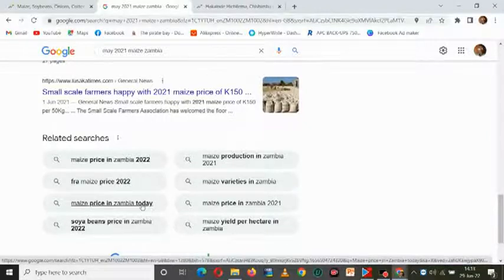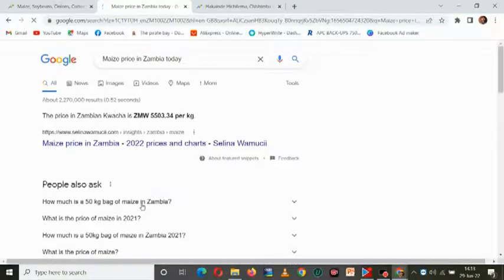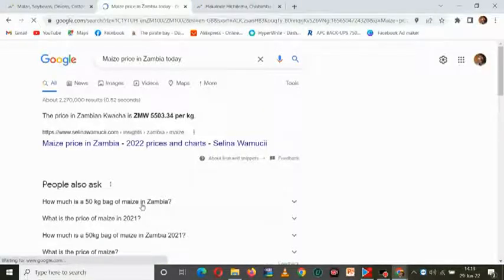So let's try this one. So you can say maize price. So it's very likely that people were talking about the prices of maize. So that gives you a very good clue on what people are talking about. So it was price. If this was May 2021, you can know where people are interested now in selling their products.